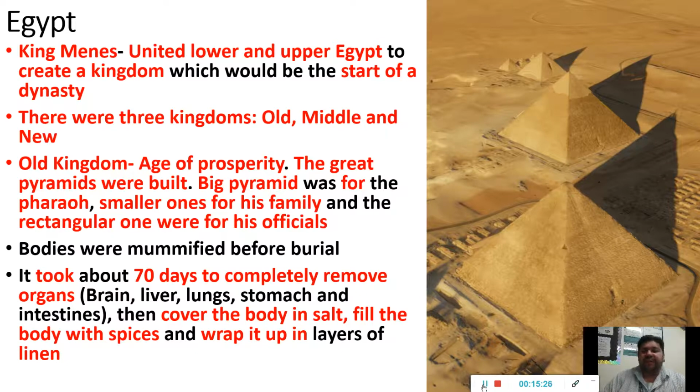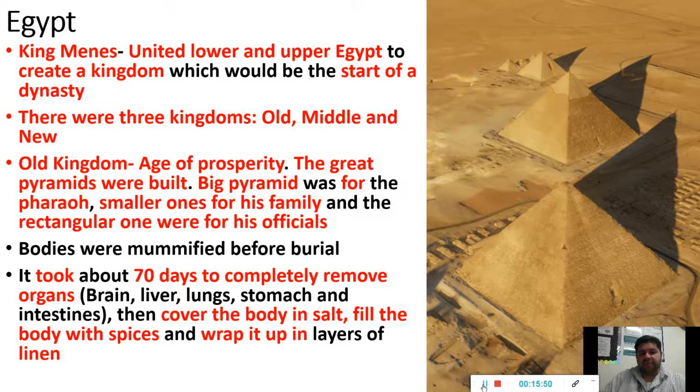Now there were three kingdom eras: old, middle, and new. The Old Kingdom was the age of prosperity. Just like anything else, when you're starting something new, you're going to explore and do great, the majority of the time. The Great Pyramids were built at this time, so there's a picture of them right there.